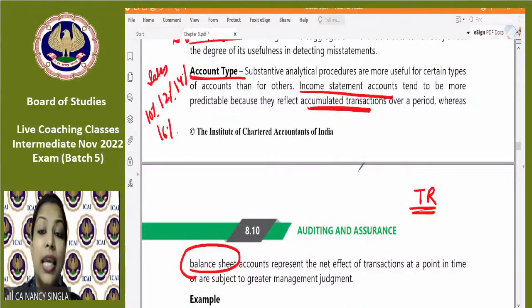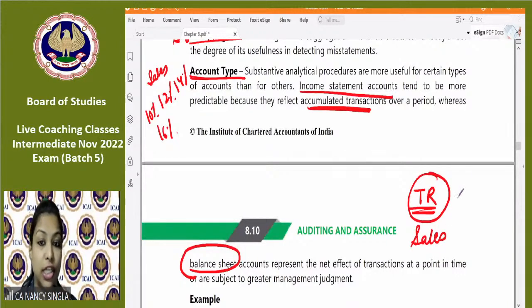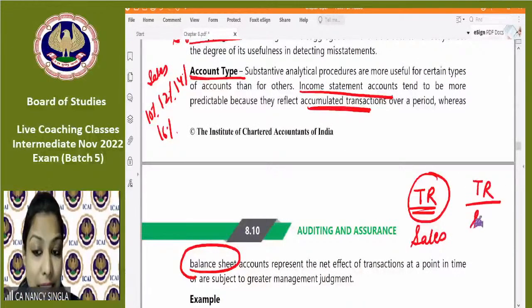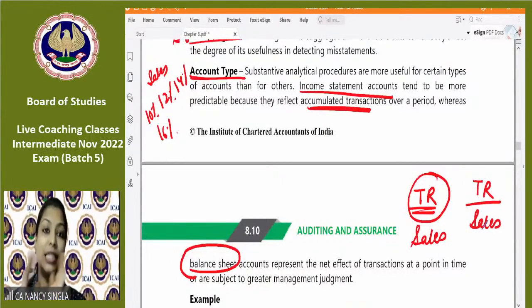But if you say trade receivable as a percentage of total sales last year was this ratio, and this year as a percentage of sales it is an increase, the auditor may analyze like this. So application of substantive analytical procedure may be easy with income statement items because they are an accumulation of transactions over a period of time. But balance sheet items are the net effect of transactions as on a particular day, so the analytical procedure may not be applied easily on them.